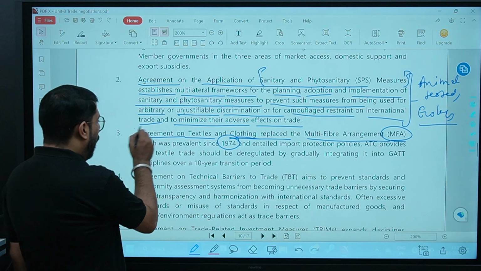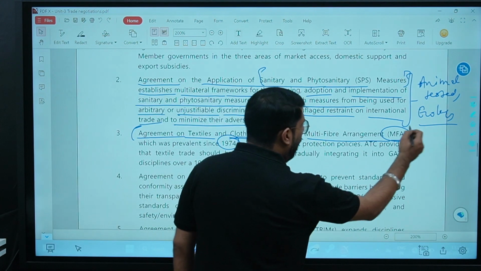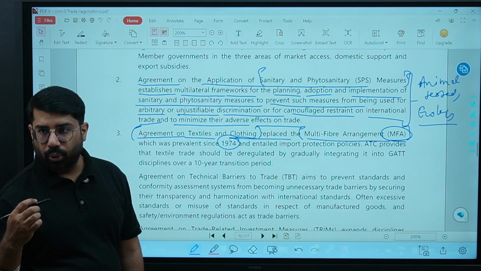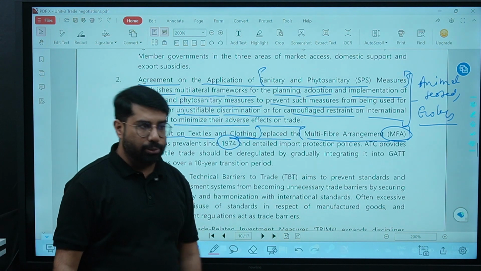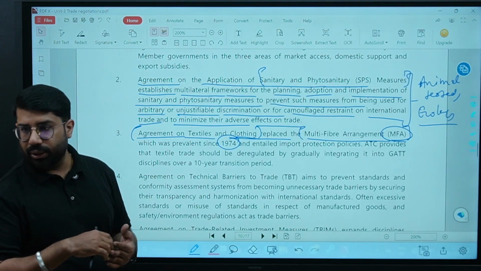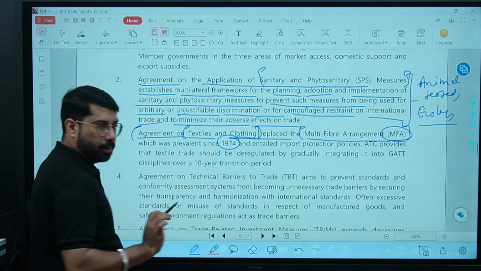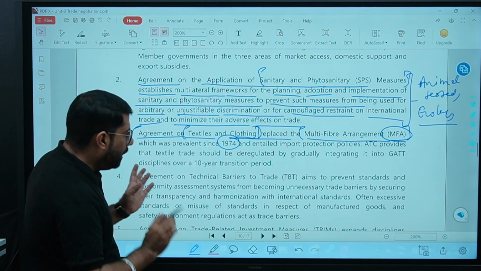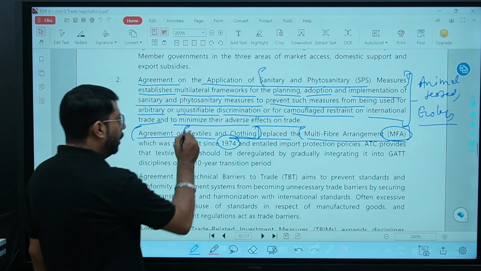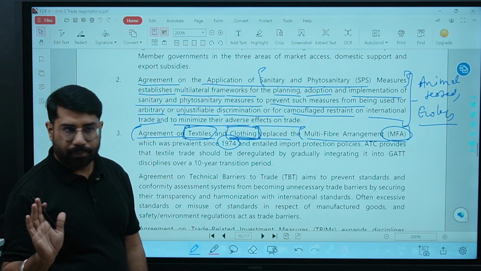So the agreement on textiles and clothing has replaced what? MFA. Before, we used to make the multi-fiber arrangement, but now there is a new name for this agreement, that is the agreement on textiles and clothing. Are you clear? It is the agreement which is made specifically for the trade of textiles and clothing. That is it, nothing else.